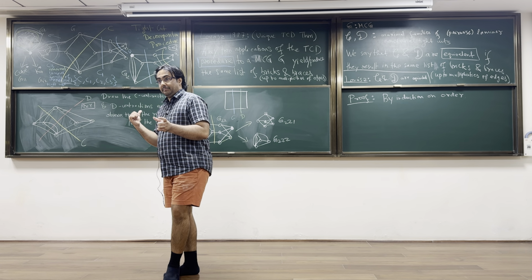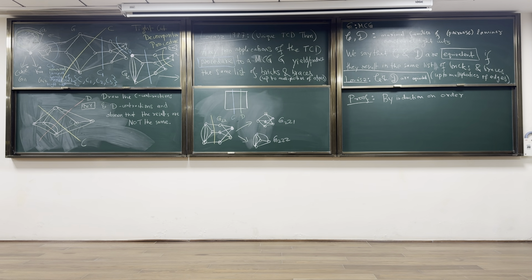A priori, we don't even know that maximal families should have equal cardinality. Even that statement we don't know right now. That is a consequence of this statement. If we prove this theorem, then it implies that a maximal family, its cardinality is an invariant of the graph. It's basically the number of bricks and braces minus 1. We don't even know right now that the cardinalities are equal, but that will be a consequence of the stronger statement we will prove.